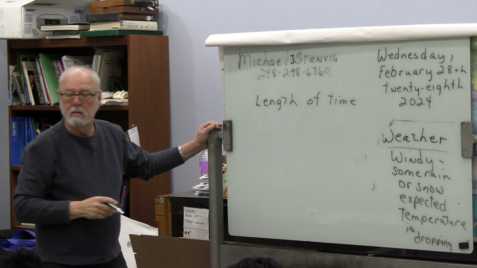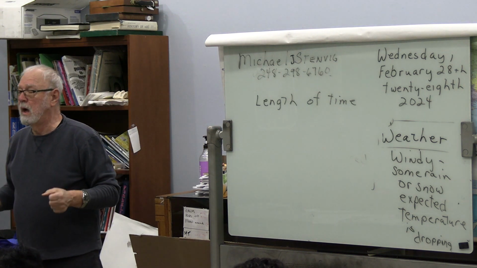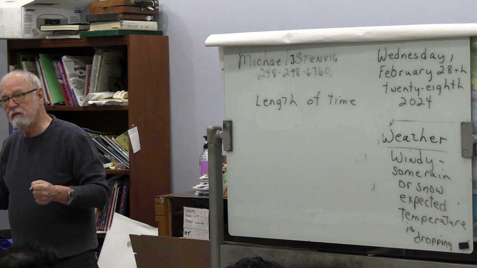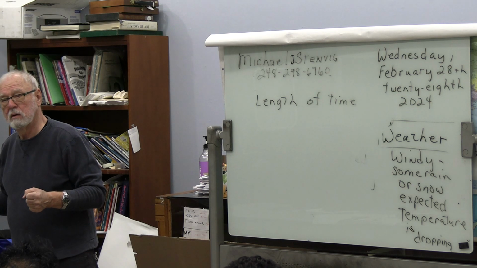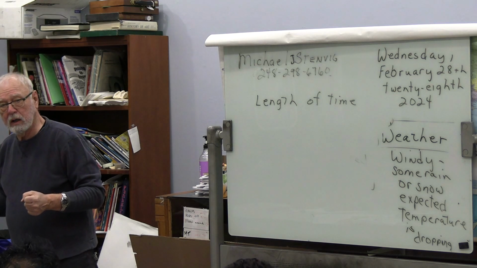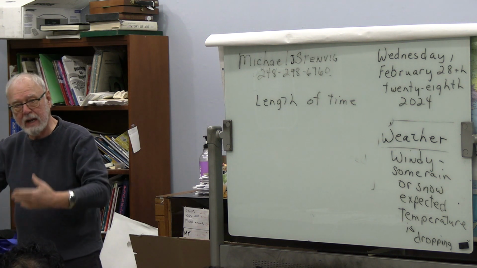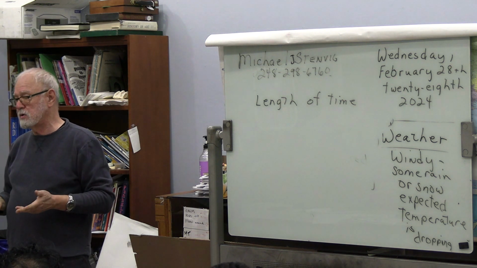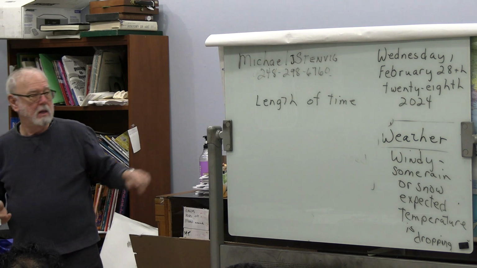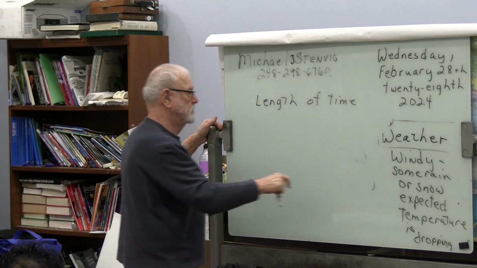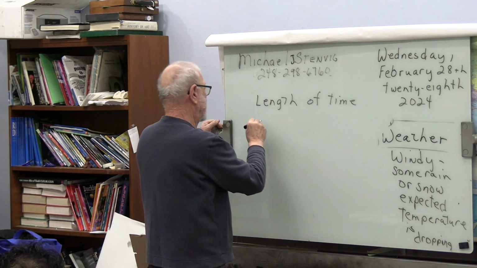Time. I bought a new car 35 years ago, and it's not working. I want them to fix it for me. So there's a time period, how long it's good for. Two years. One year.